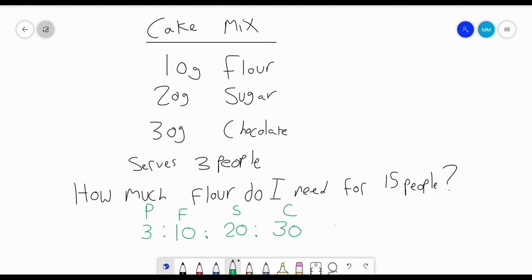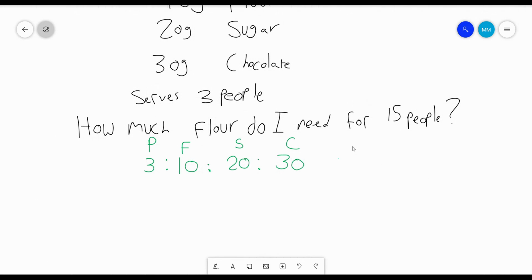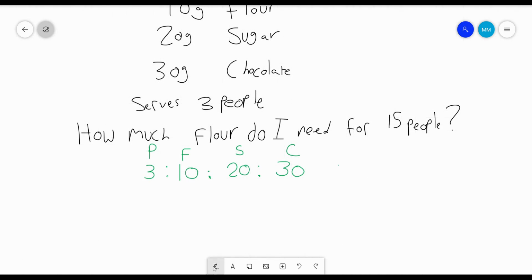And then I was asked how much flour do I need to serve 15 people. So I'll put 15 underneath, and then I'll put my 2 dots. There you go. So I've literally written down what I already know.